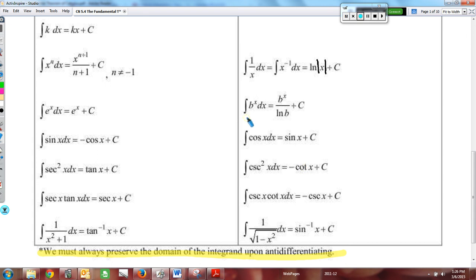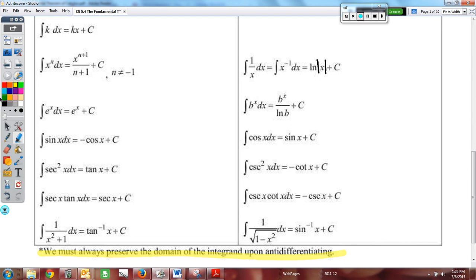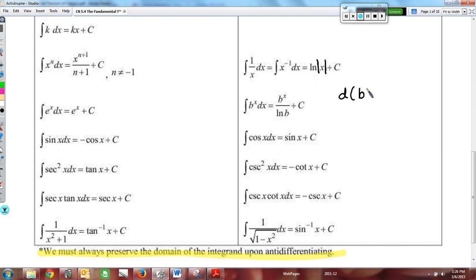Here's your antiderivative for your b to the x. Remember that if you were to take the derivative of b to the x with respect to x, it's itself times the constant natural log of b. So of course, if I'm working backwards, if I've got something that is the derivative of b to the x, then I must have been dividing by that constant, dividing it back out.